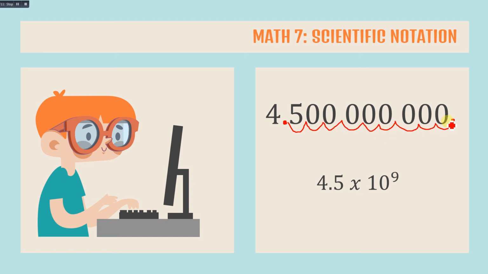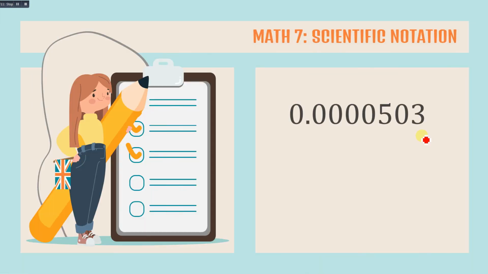So next example, how about if the given value is small or less than 1? So we have a decimal point here. Okay, so in the opposite direction, from the left to the right. Again, just leave one digit to the left of the decimal point.